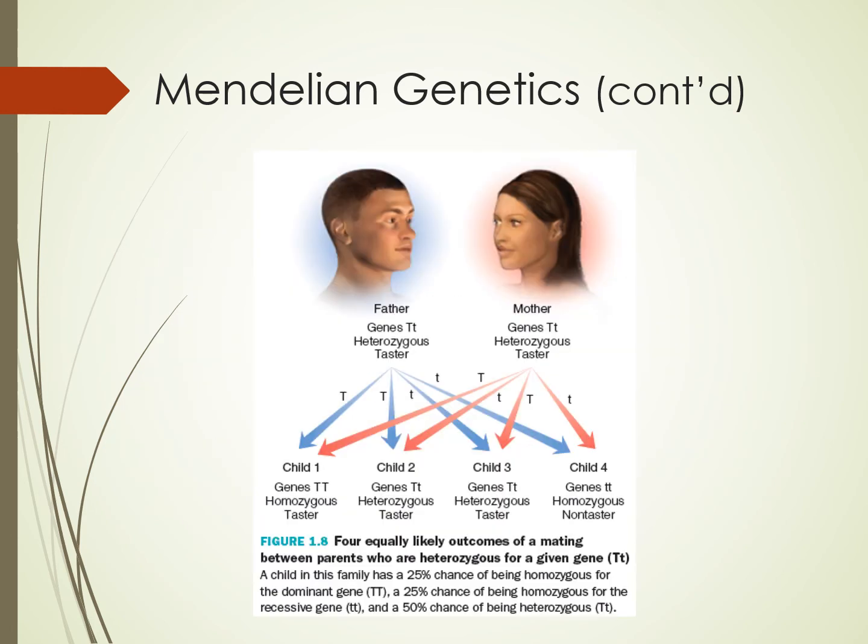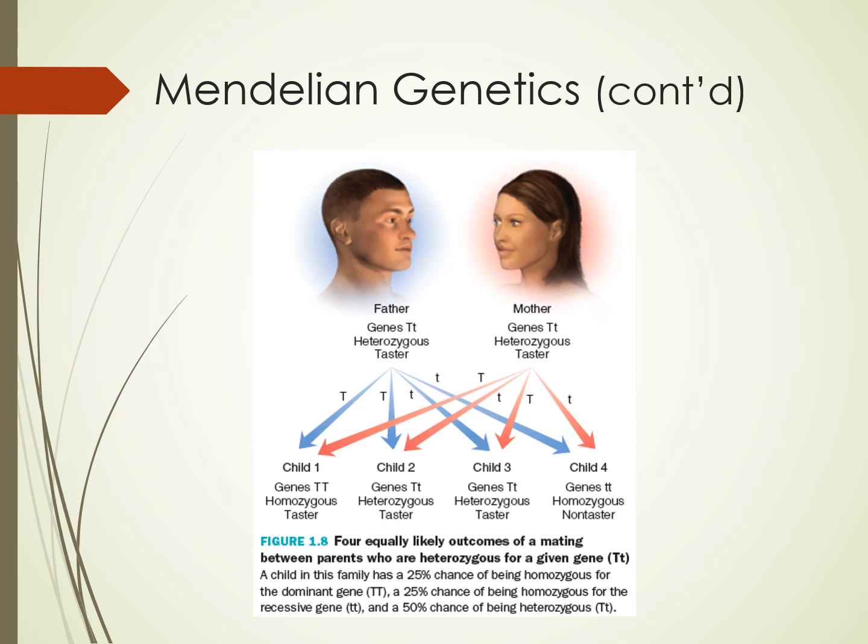And here's how that plays out, even though, again, I feel like most people have done this in basic biology. I like to go back through it with the picture. So I have this 25% chance of really being a non-taster, and I have a 75% chance of being a taster, but I can get there in different ways.